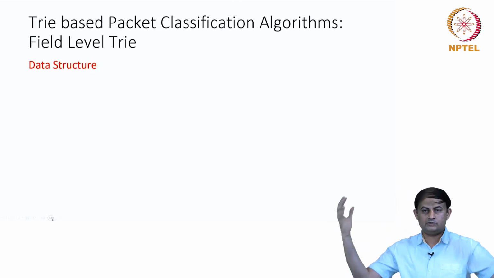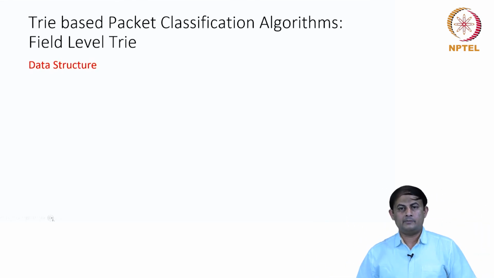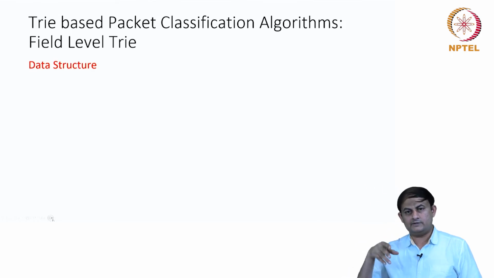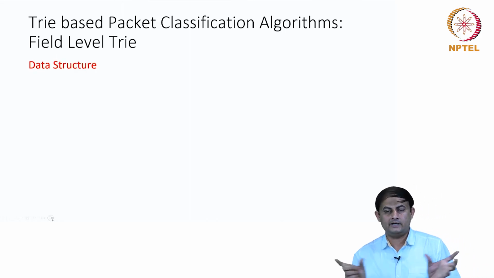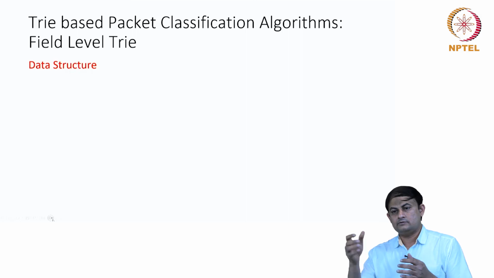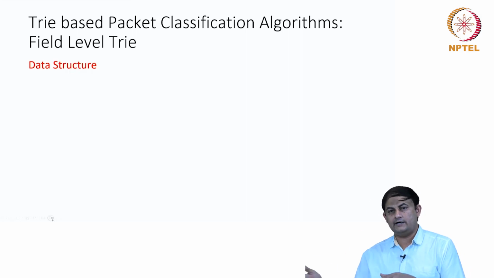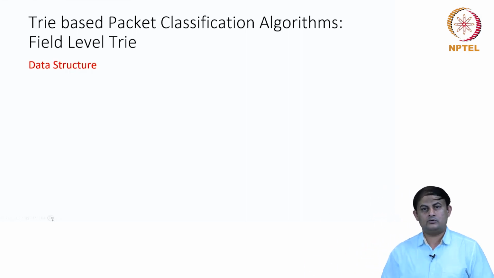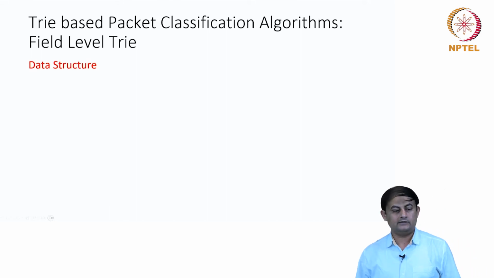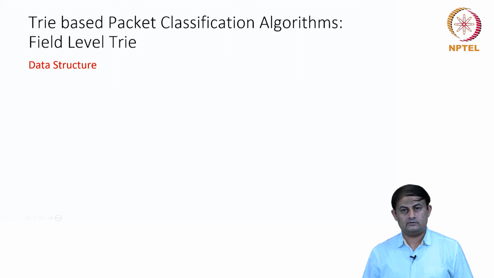At the beginning, you assume that every rule is equally a potential candidate. And I take one dimension at a time and try to segregate what are the rules applicable. If that prefix is matched, these many reductions, these are the only candidates which need to be further examined. So that is what the field level trie structure does.